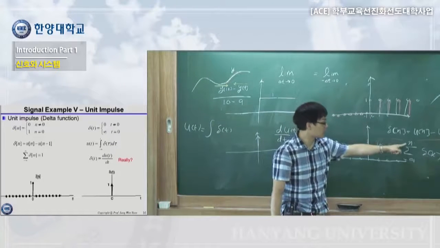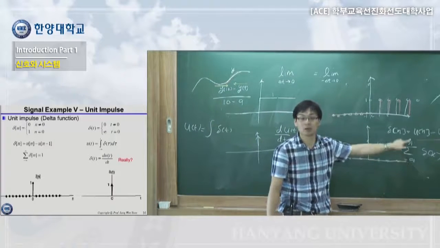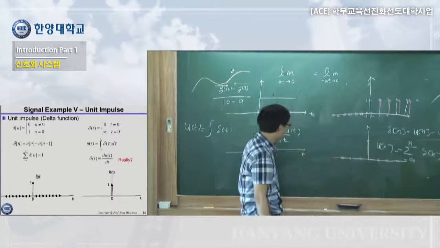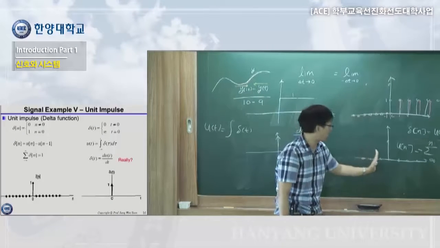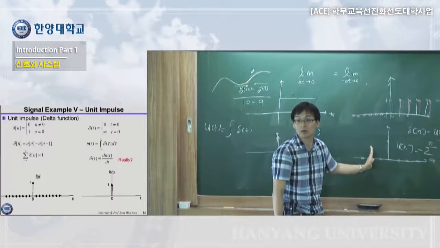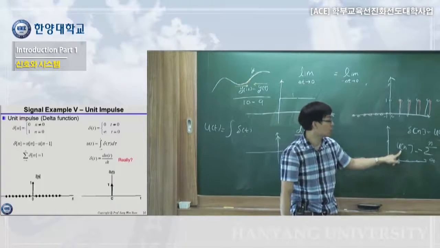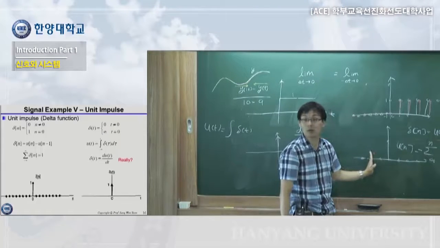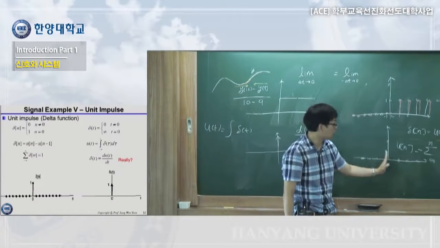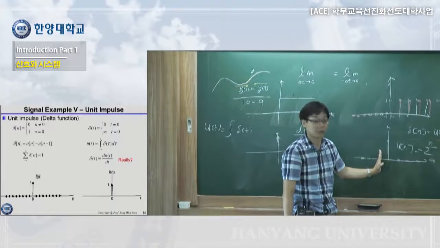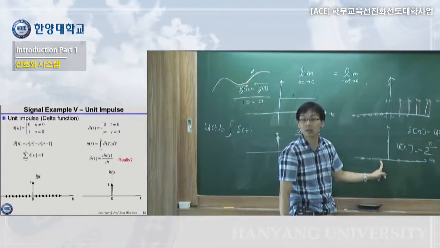So this n becomes minus 2, so we're adding from minus infinite to minus 2. From minus infinite, if you add them together, they're still 0. When n is minus 2, they're still 0. So this unit function at minus 2 is still 0. If you increase n one more time, to minus 1, they're still 0, because even though we're adding minus 1 point, they're still 0.